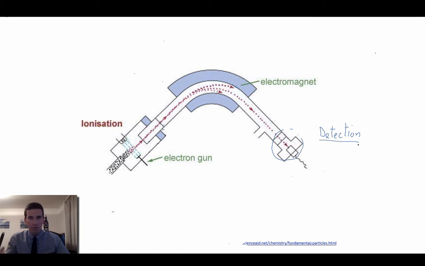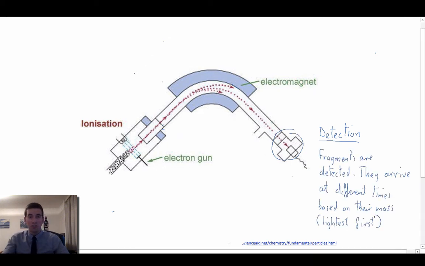The smallest fragments arrive first, and then as they get heavier and heavier, they keep on arriving at different time points. Now, what happens at detection is these fragments are detected, and this is linked to a computer which produces your mass spectrum.